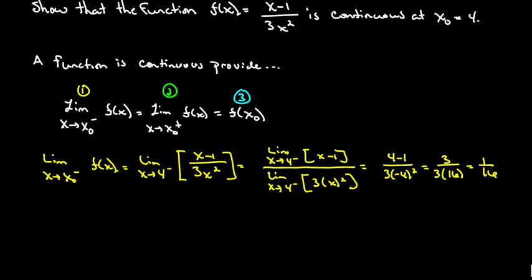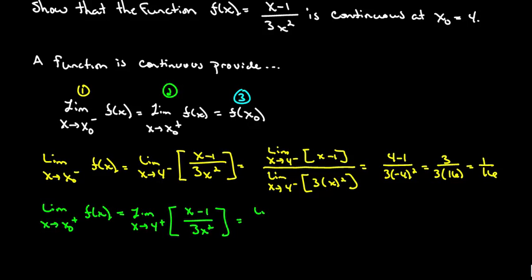Now we do the same thing for the other side. Again, we can split that up because the limit as x approaches 4 from the right hand side exists in the denominator. So we can go ahead and write this like this.